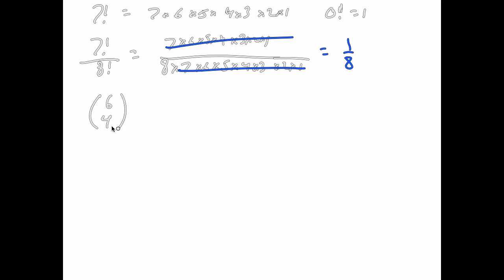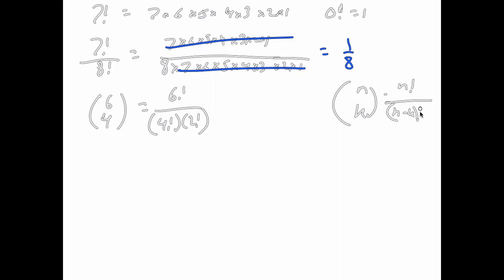This notation means 6 choose 4. It's the number of ways to choose 4 items out of 6 when you don't care about the order those 4 items are in. That's defined as 6 factorial over 4 factorial 2 factorial, because in general, n choose k is defined as n factorial over n minus k factorial times k factorial.